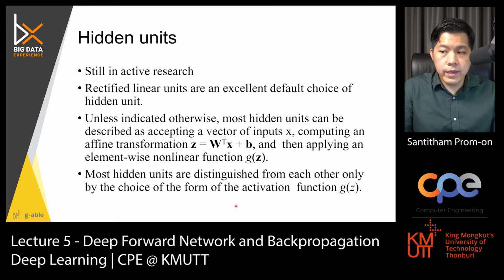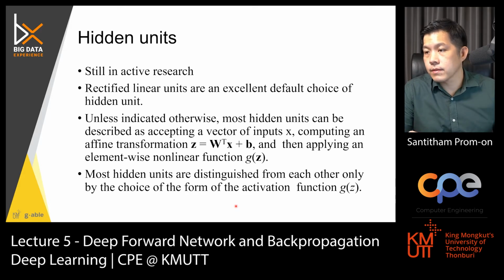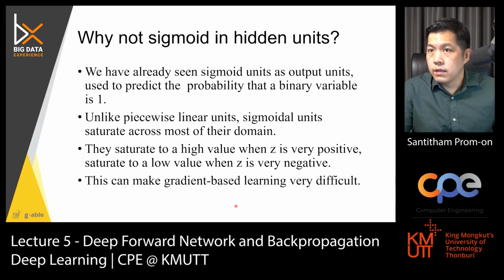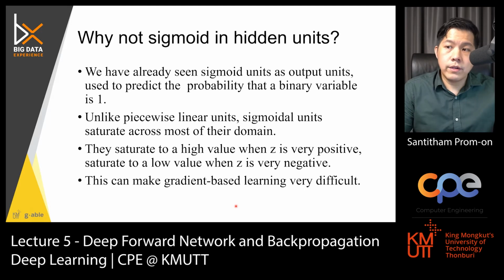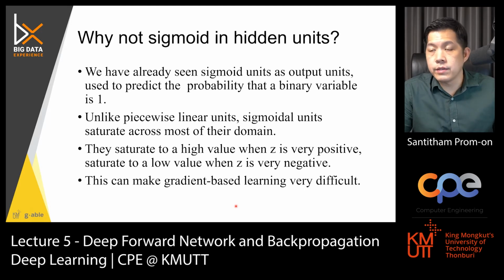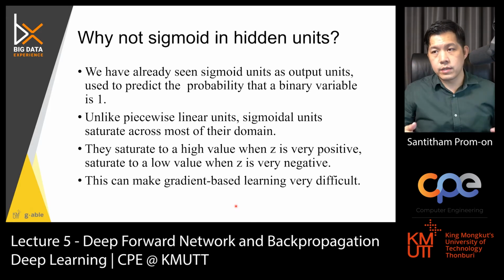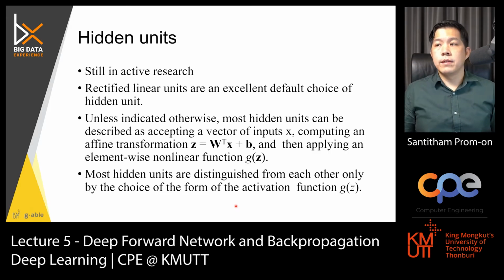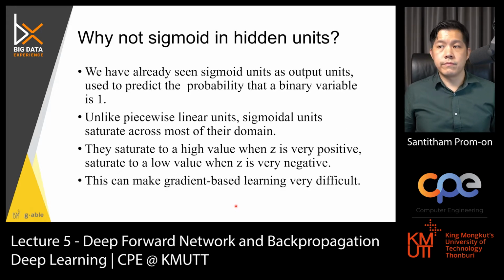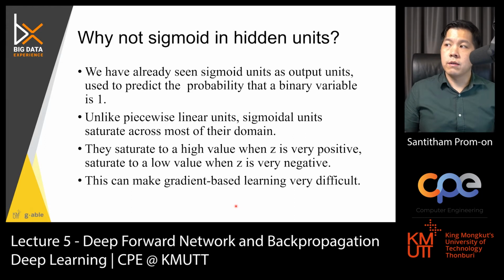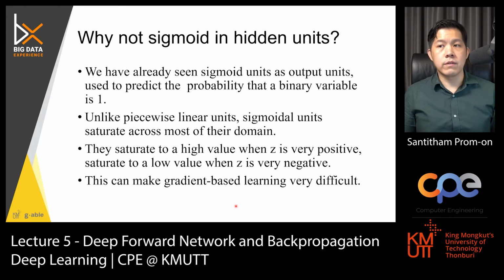So it will be in the form of an activation function. Okay, why not use sigmoid as the hidden unit? The hidden units are the units inside the model, like we are talking about the output layer and then the hidden layer. In the hidden unit, there are many types of activation function that can be used, but sigmoid is not a good idea.